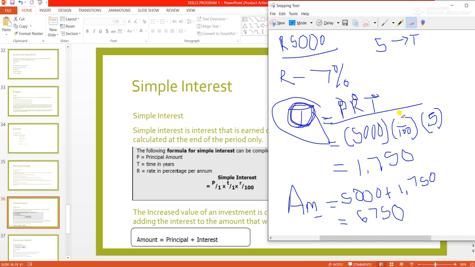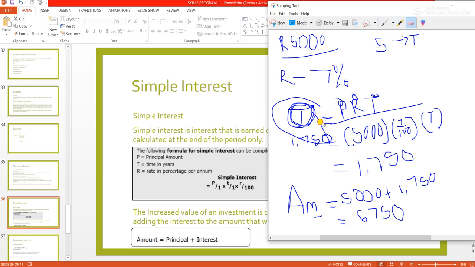let's leave the interest rate for now. Let's say we're looking for time, and we're given this amount.